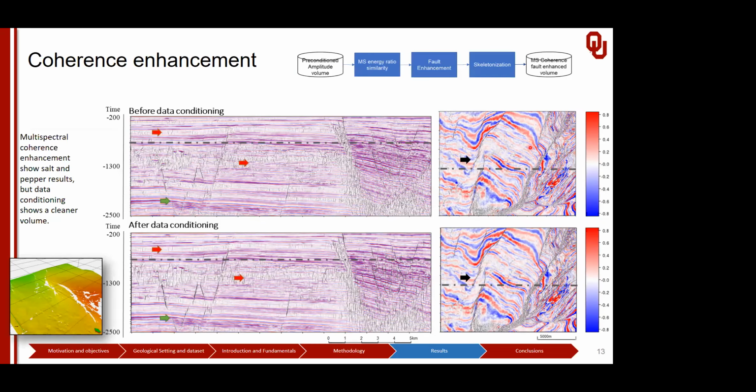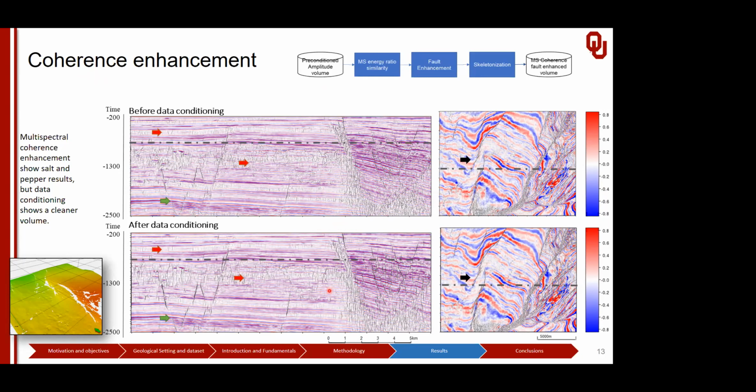And the results again. So here, these are the results from the coherent enhancement process. You can see the difference between non-conditioned data and preconditioned data. The section shows a clear difference between them. In the upper section, you can see a salt and pepper texture that dominates the entire section, and plenty of noise.